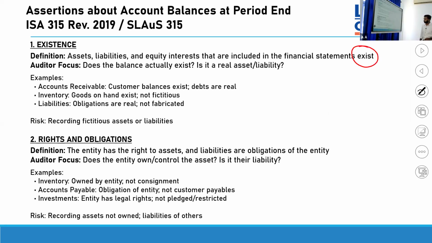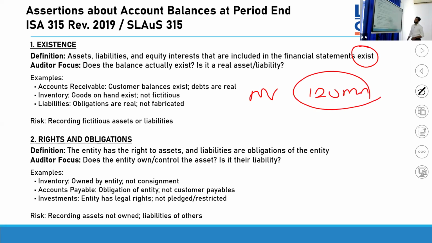Let's say you have recorded a motor vehicle, amount is 120 million. If you have recorded this amount under PPE, that asset must physically exist, actually exist, right? It cannot be a fictitious one. It must be a real vehicle.